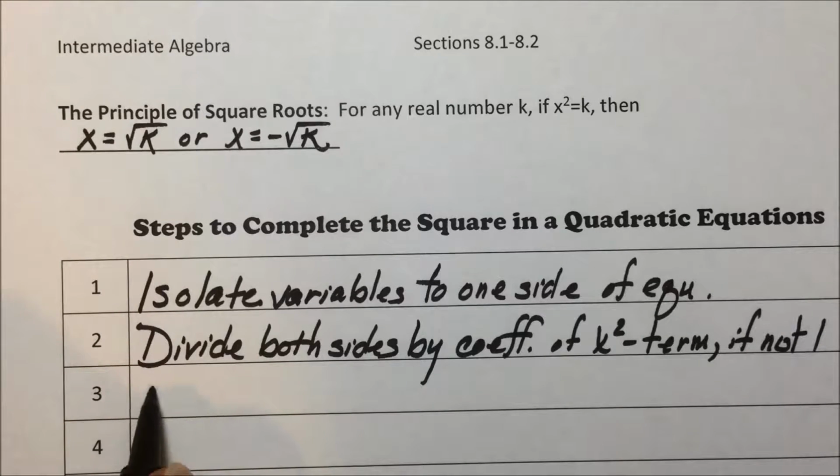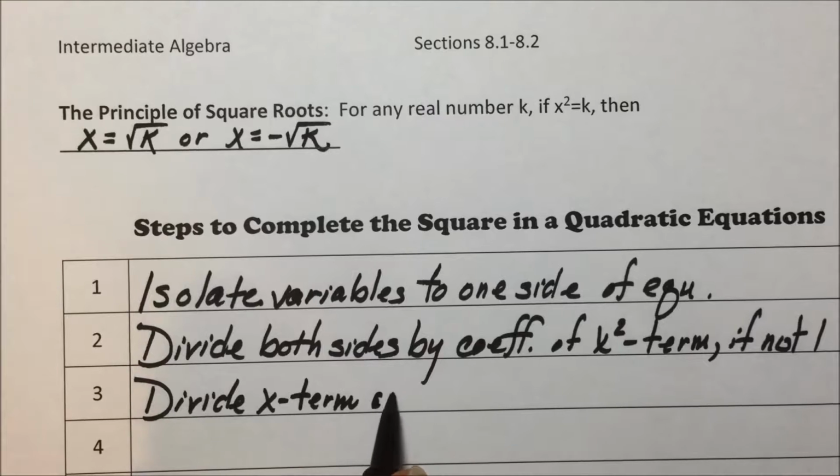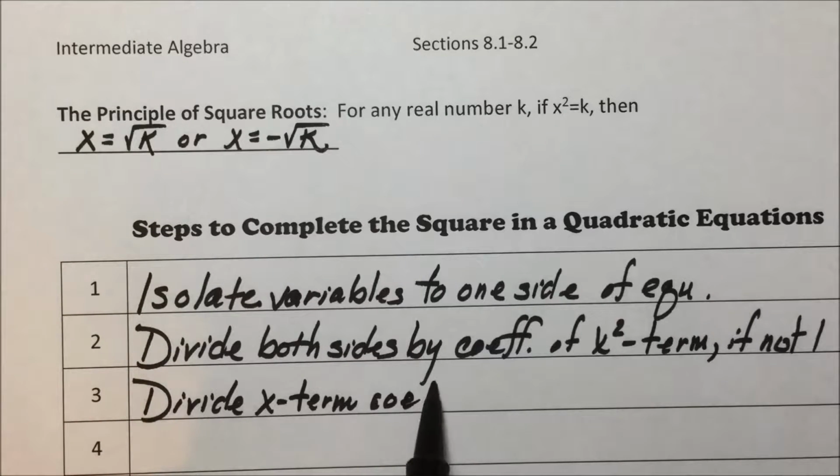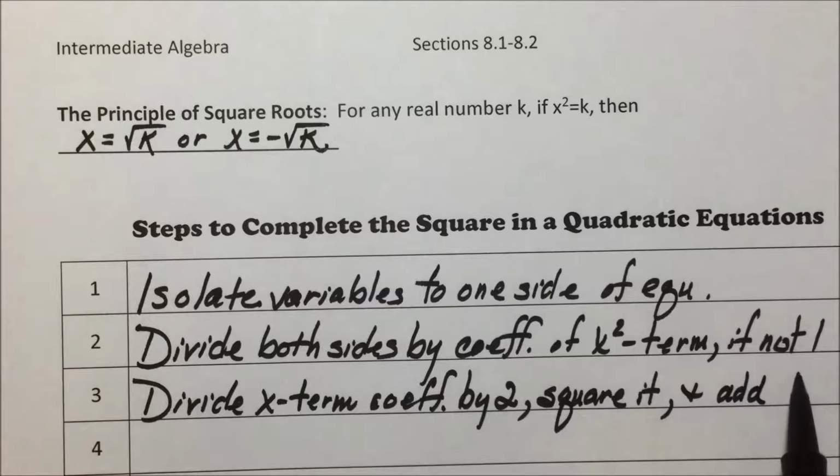Next, we want to divide the linear term, we'll call it the x term coefficient, by 2, square it, square the result, and add to both sides of the equation.